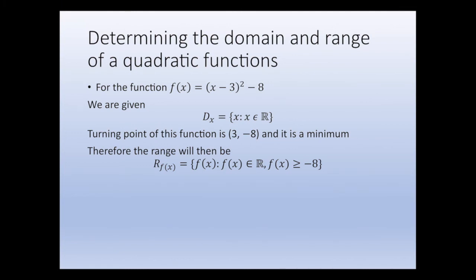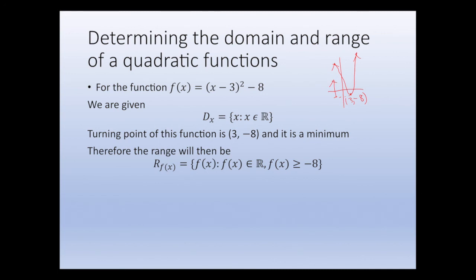From the turning point form, the turning point of this function is (3, -8), and this is a minimum. The shape is a U shape. Because this is the minimum, let's sketch it quickly. This is -8, at (3, -8). Therefore, the range of f(x) is above that, minus 8.